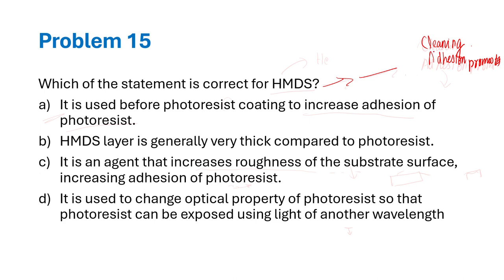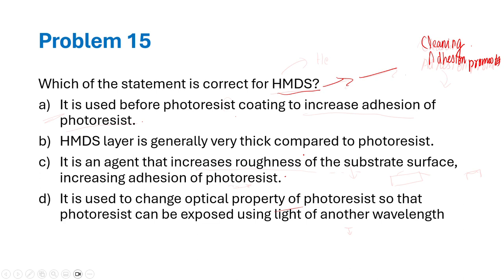So it can be either option A or C, not D. And another important thing is we don't want to change the optical property of photoresist. Most of the photolithography equipments will have some particular wavelength which they will use to expose.